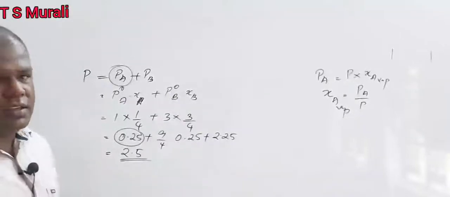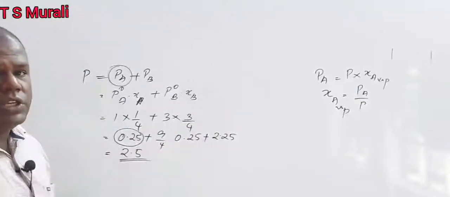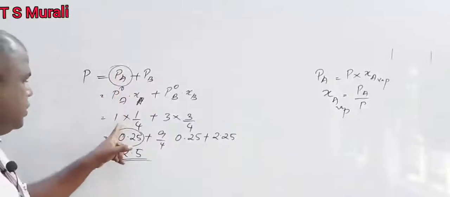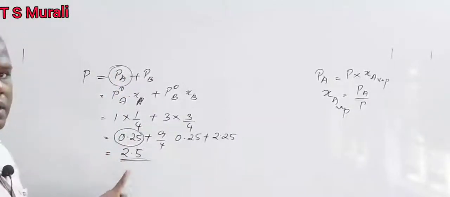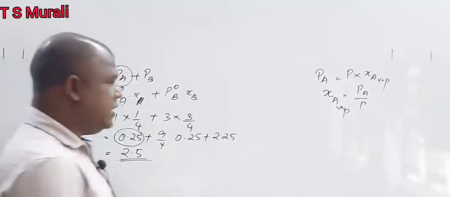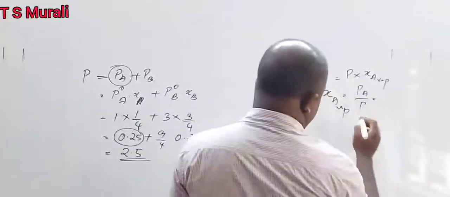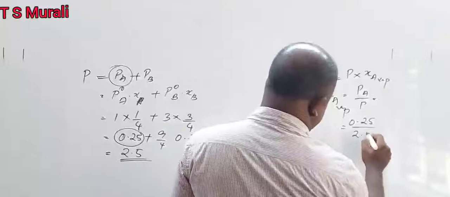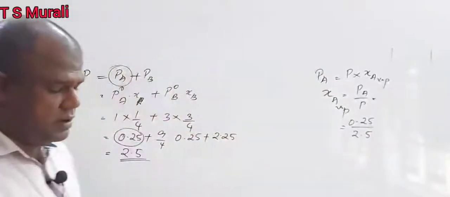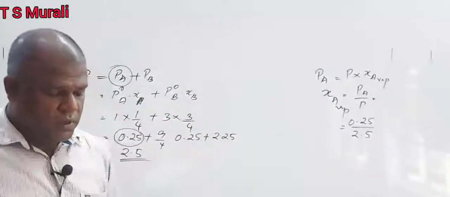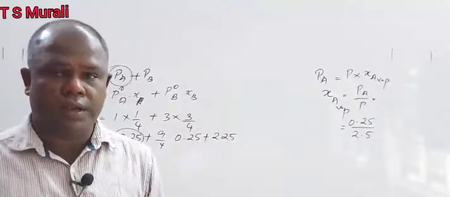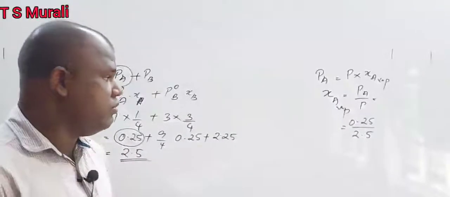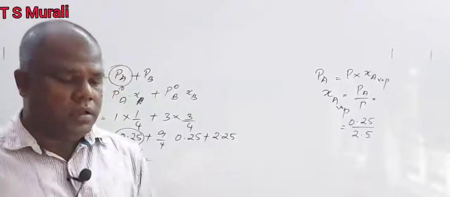We need PA and the total pressure. What is PA? You are getting 0.25, and the total pressure is 2.5. So the answer here is 0.25 divided by 2.5. Solve it and find the answer. Agree? What is it? 0.25 by 2.5, you are getting the answer.